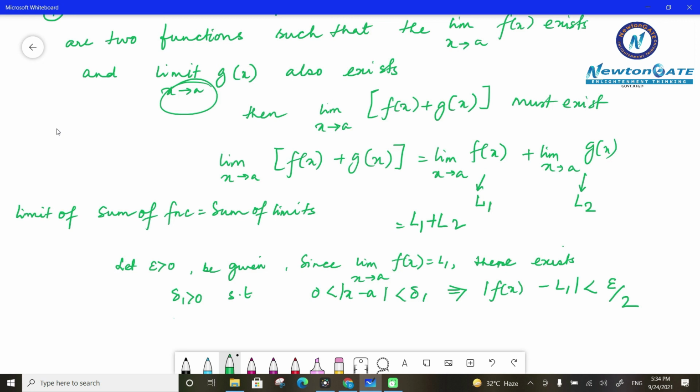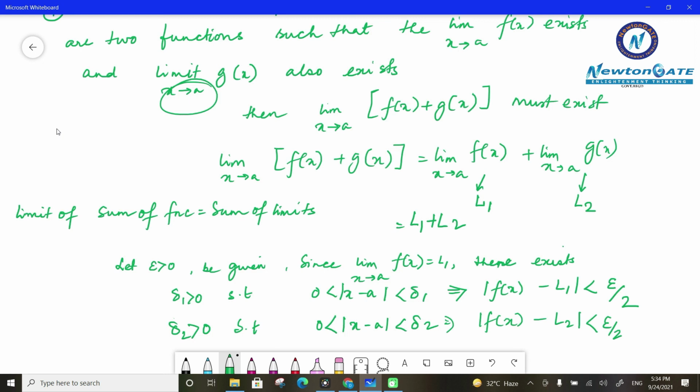Now you must be thinking why I have taken epsilon by 2. I'm coming to it. Similarly, I can also take |x minus a| less than delta 2. Remember that they are two different functions, so the deltas will also be different. So here also |g(x) minus L2| is less than epsilon by 2.